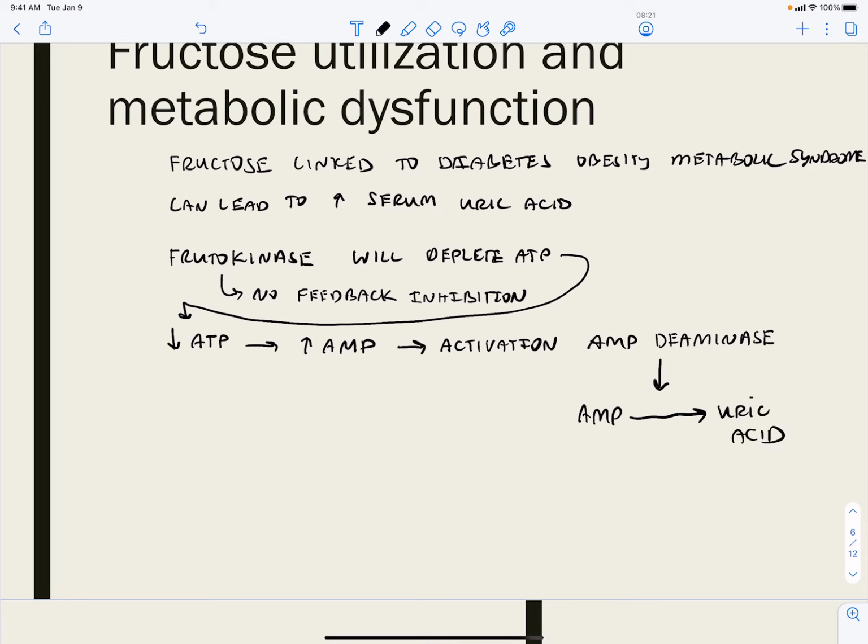Now, uric acid gets elevated in the blood during both hypertension and obesity, and gout is also associated with increases of uric acid.